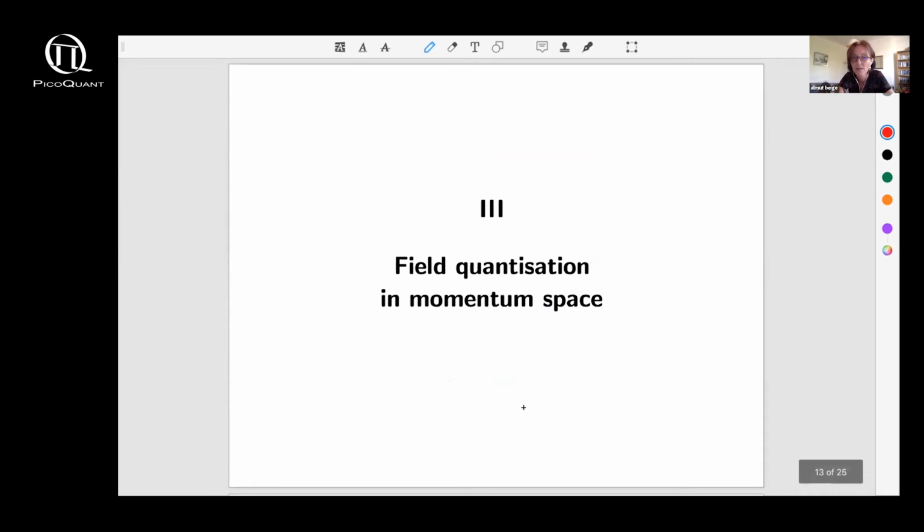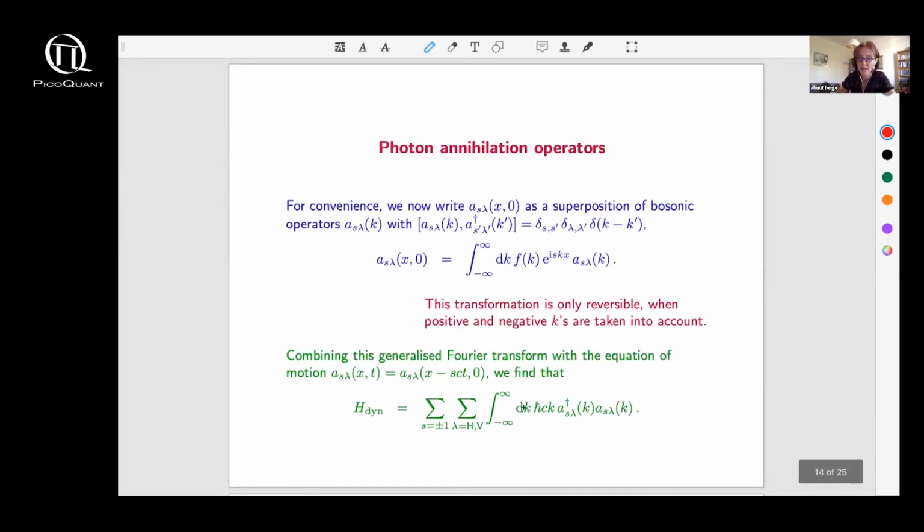Yeah. So one thing we can do is we can do something that we do also in classical electrodynamics. We can write these annihilation operators for highly localized wave packets as a generalized Fourier transform over operators that are bosonic.